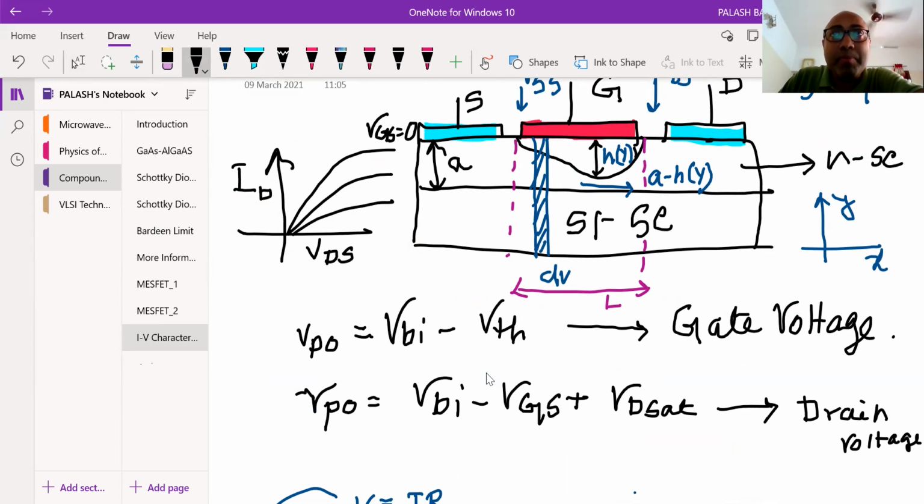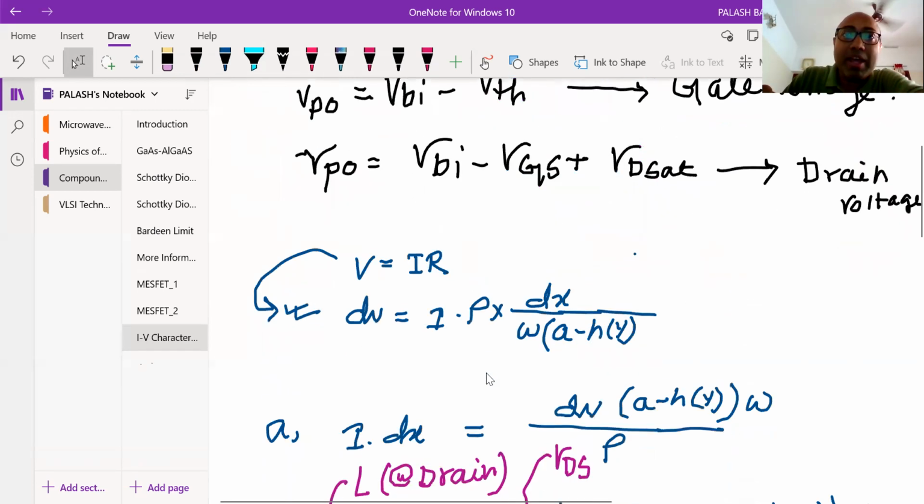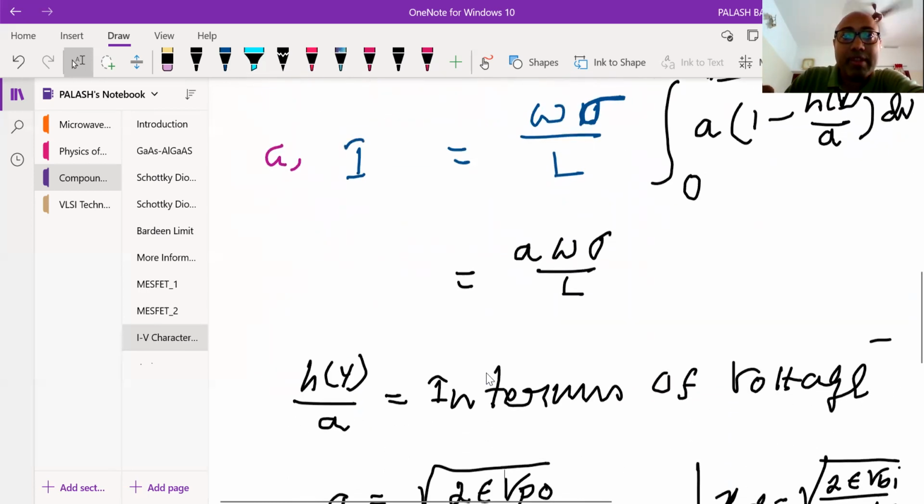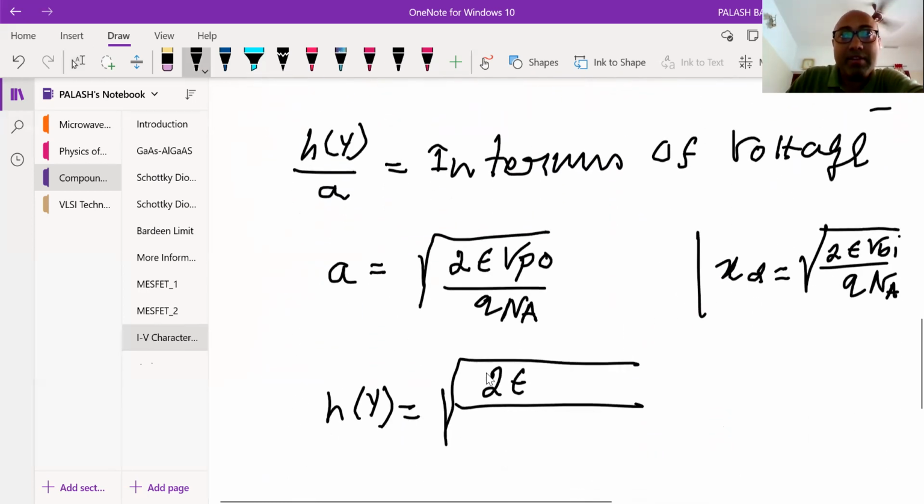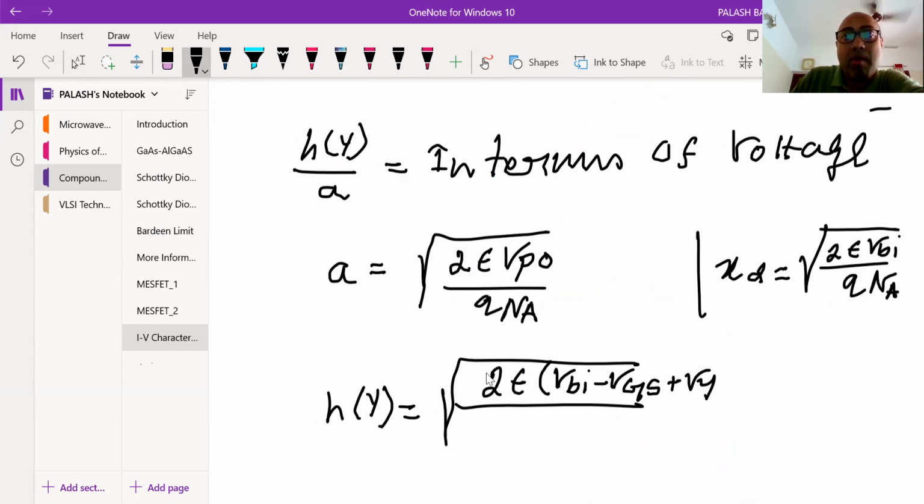And what is the voltage across Hy? We can write it in this manner: Vbi minus Vgs and the voltage Vy. Because we don't know Vy, remember this part.